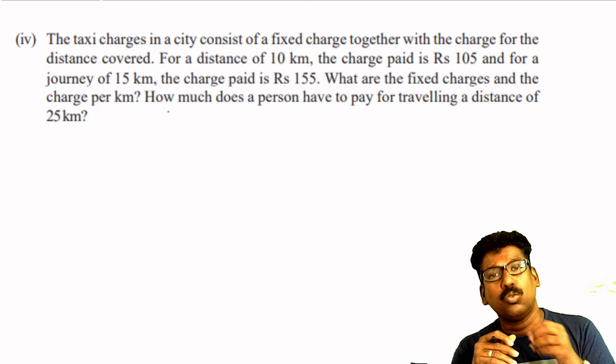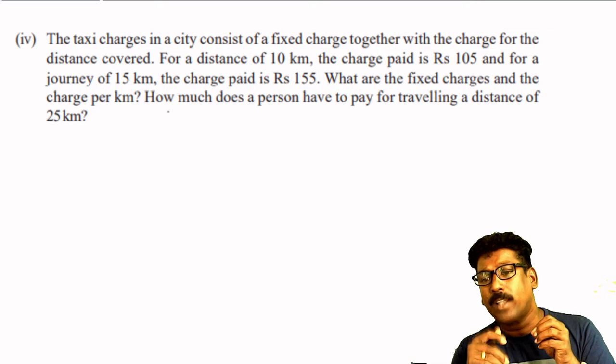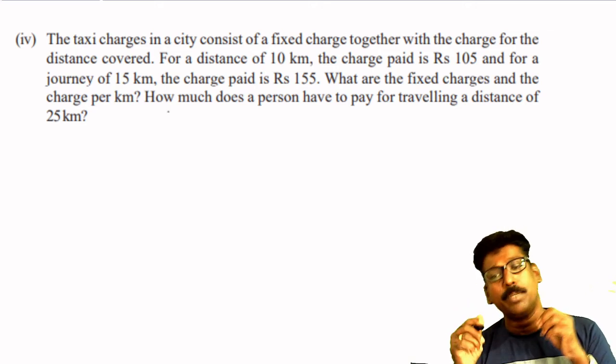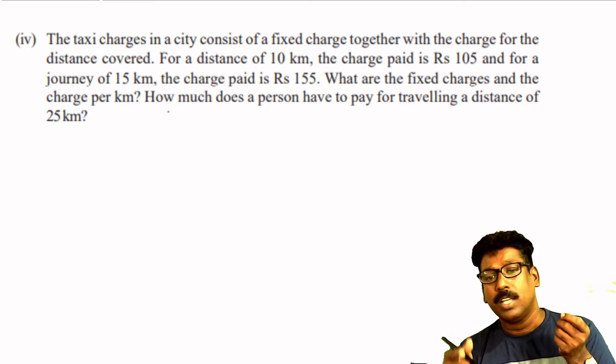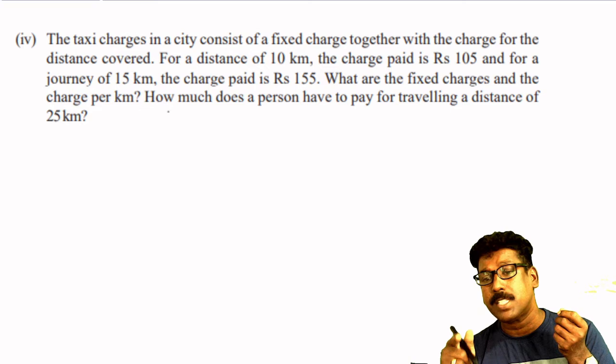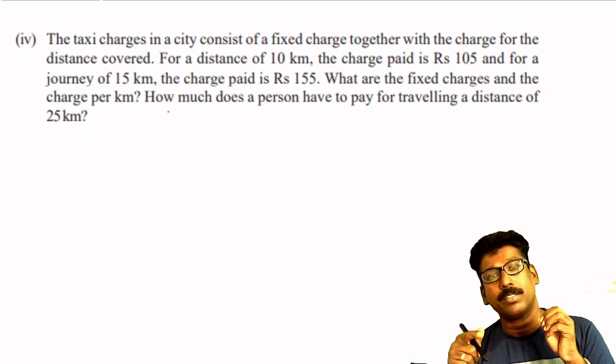And for a journey of 15 kilometers, the charge paid is 155. What are the fixed charges and the charge per kilometer you have to find out. And one more, how much does a person have to pay for traveling a distance of 25 kilometers.